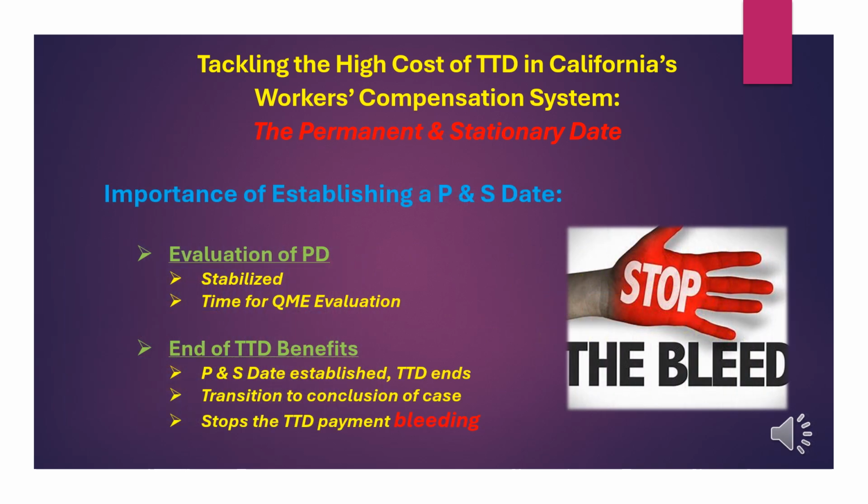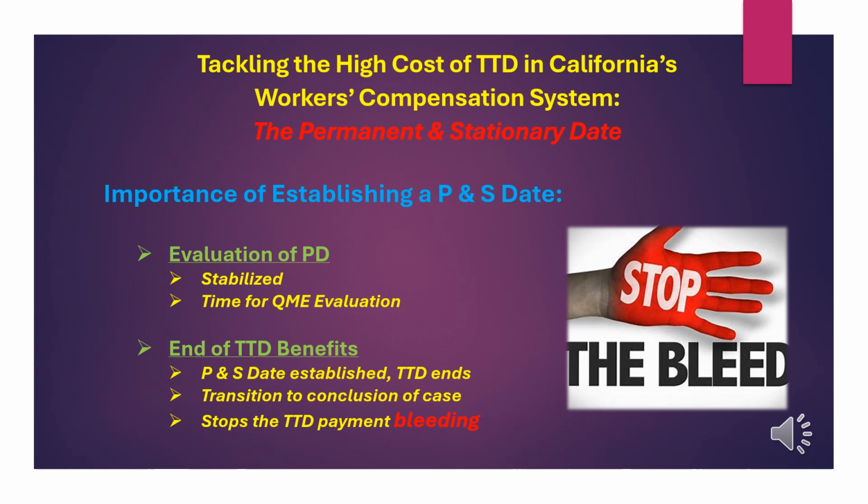So, in understanding the importance of establishing a permanent and stationary date for an injured worker in California, we're going to discuss how crucial it is to the workers' compensation system for several reasons, which we'll touch on in the next couple slides. First, the evaluation of a permanent disability.